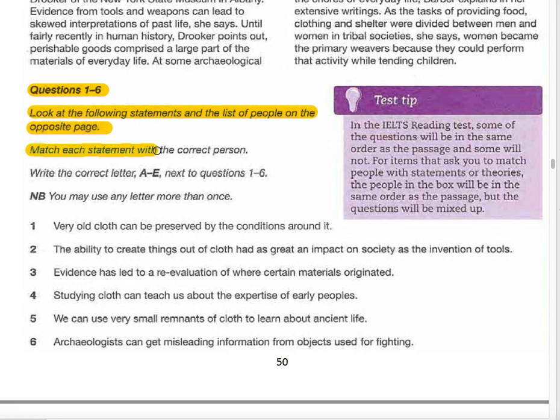Match each statement with the correct person. Okay? And very important, you may use any letter more than once. So this is a matching exercise, matching questions.